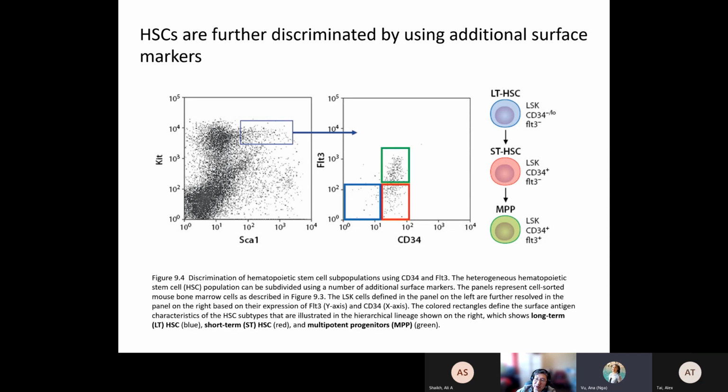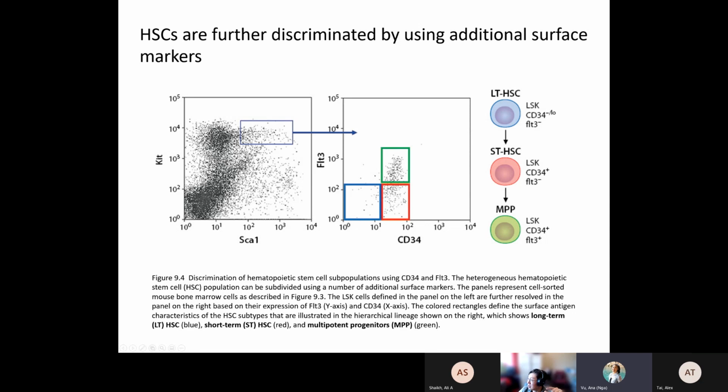Yes. So that's what they're doing here. They use two additional markers, FLT3 and CD34. For the cell to be long-term HSC, they need to be negative for these two markers. Additional negative selection.